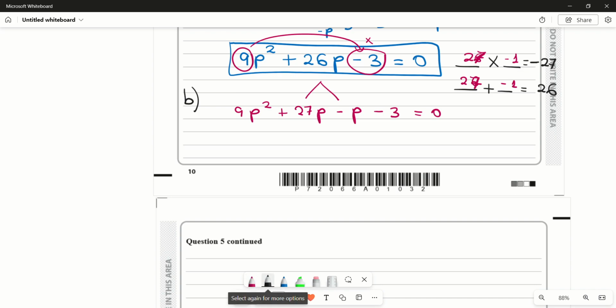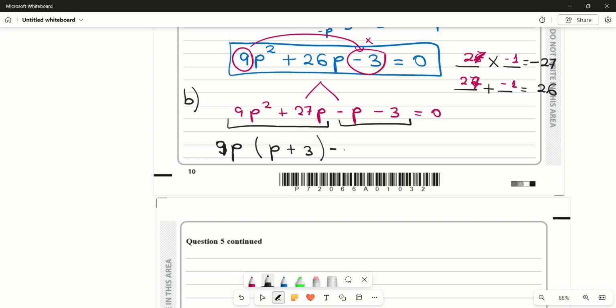If I'm going to factorize the first two terms, I'm going to take outside 9p here. It's going to leave us in a bracket with p plus 3. And I'm going to factorize the last two terms. I'm going to take out the factor of minus 1, will leave us with p plus 3 equal to 0.